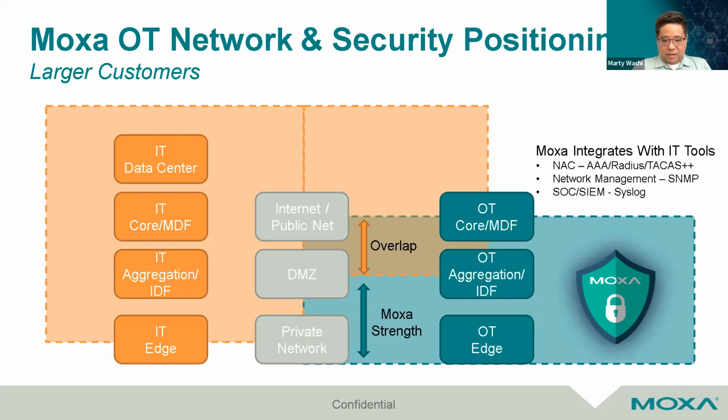You can see that with some of the enterprise solution providers out there that are also moving into the OT space. Moxa, we really started out with OT connectivity, a lot of it our heritage in serial to Ethernet. You can see there, we really focus on the edge of the network and push our way in towards the OT aggregation and core.